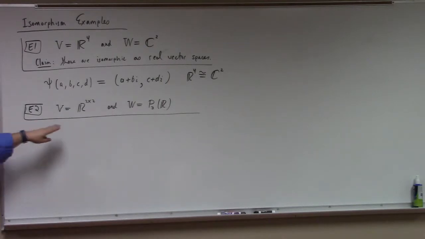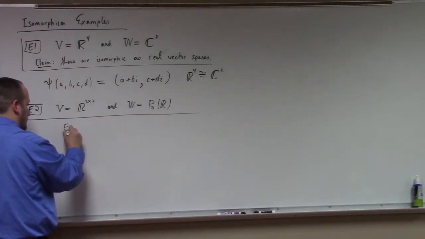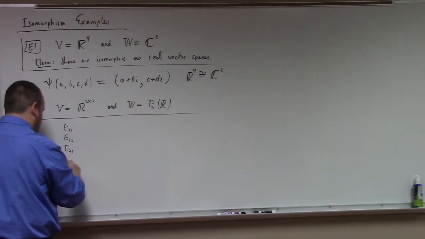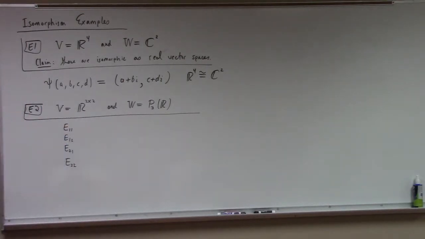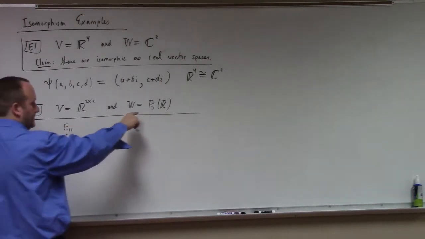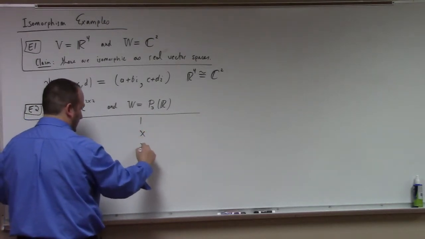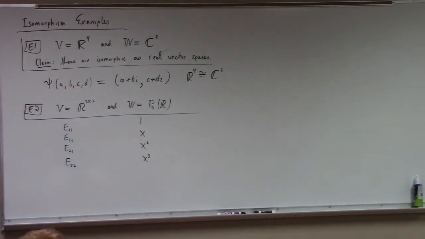What's a basis for R2 by 2? The lexicographic, remember? E11, E12, E21, E22. That's a basis for V. What's a basis for W? How about 1, x, x squared, x cubed? That's the standard monomial basis for cubic, possibly degenerate polynomials.